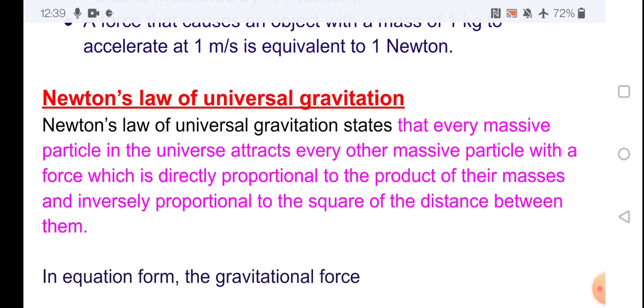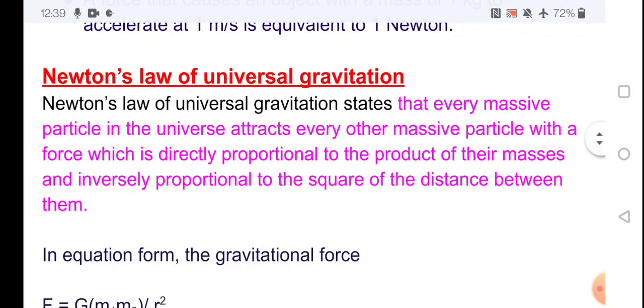That is, F is directly proportional to m1 and m2, where m1 and m2 are the masses of two objects, and F is inversely proportional to r square, where r is the distance between the two masses.